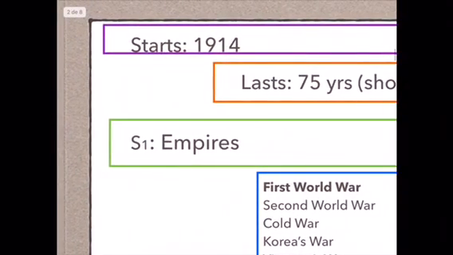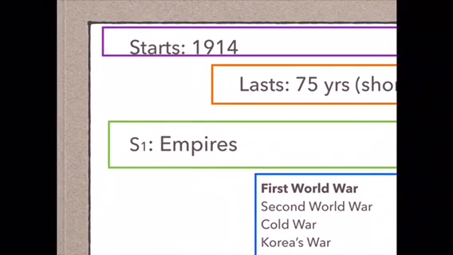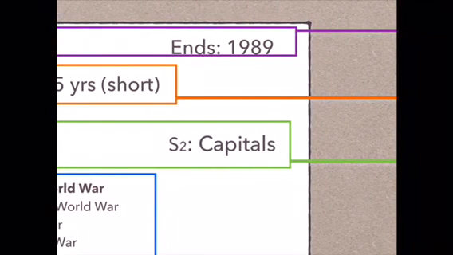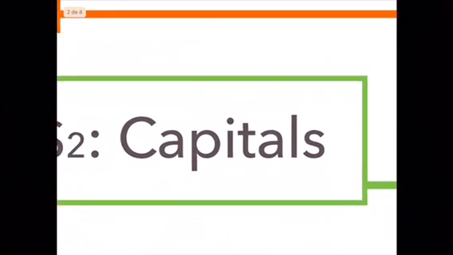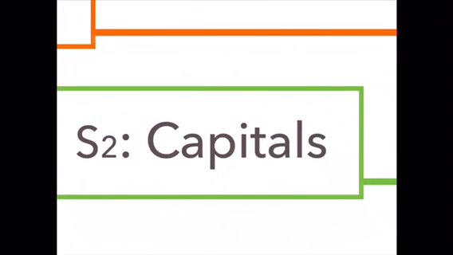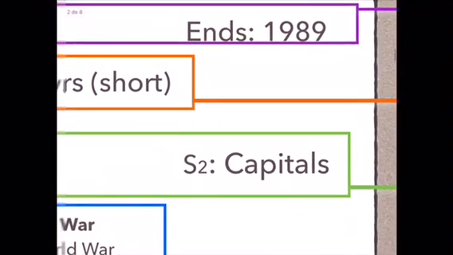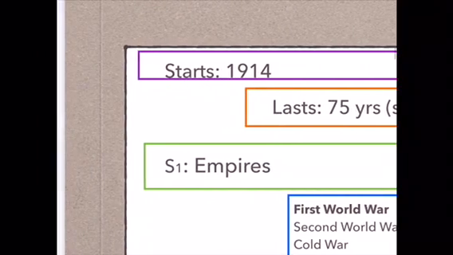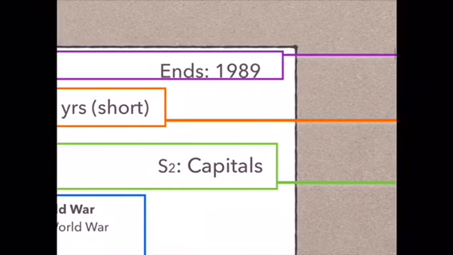By the end of the 19th century, the world was divided into empires, and by the end of the 20th century, the world is going to be divided into great capitals. Remember that the true consolidation of capitalism is going to happen by 1989, when the socialist option is going to fail with the fall of the Berlin Wall and the dissolution of the Soviet Union. So it starts as empires and it ends as capitals.